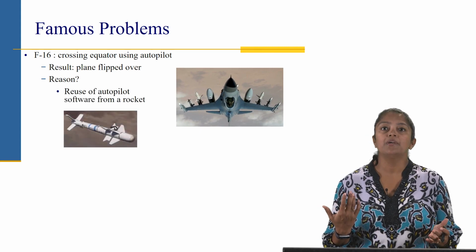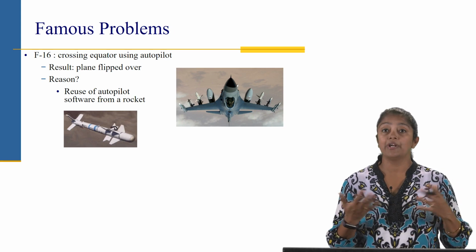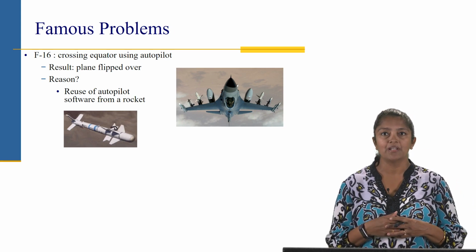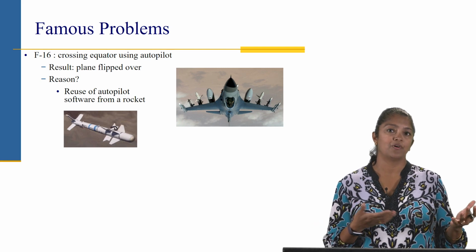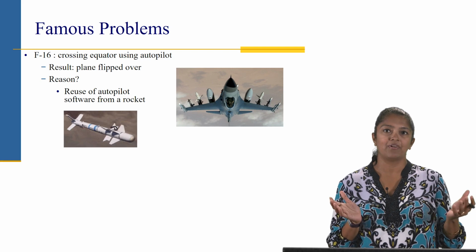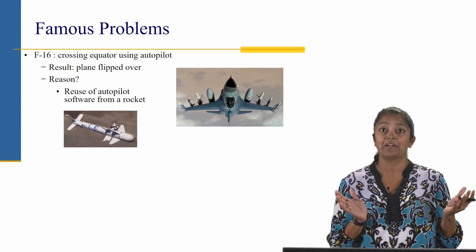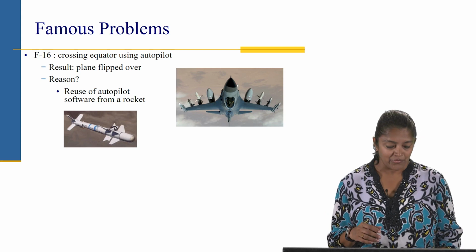It's because of reuse of an autopilot software from a rocket. So reuse is good, there's no problem with that, but the software that was reused was that of a rocket, where the parameters are different, and a rocket flying over the equator and flipping didn't matter, whereas for a fighter plane it did matter.